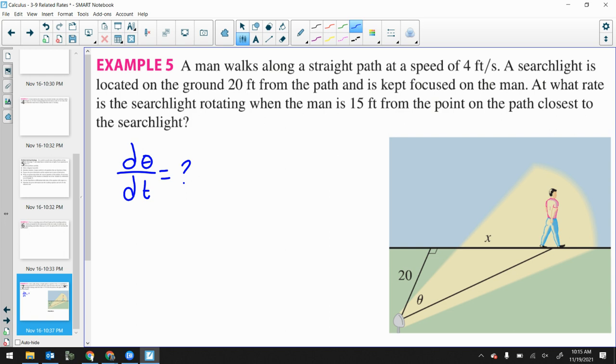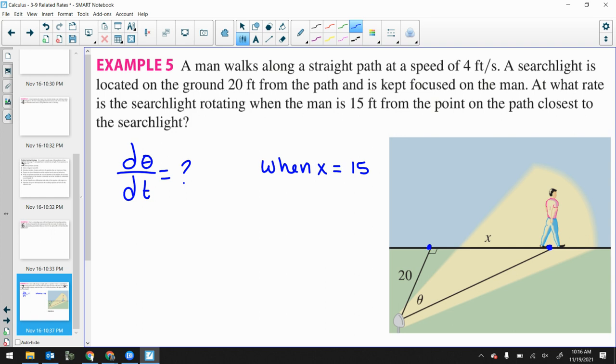How fast is the searchlight rotating when the man is 15 feet from the point on the path closest to the searchlight? Okay, so from this diagram, they're calling it x. We want to know when this is happening, when x is 15.